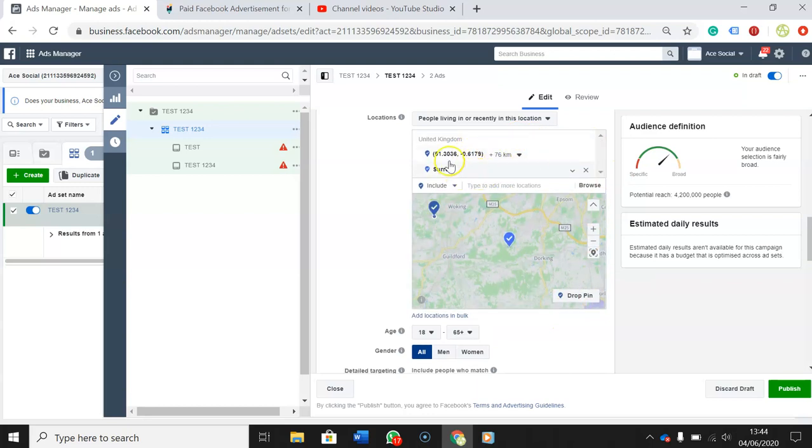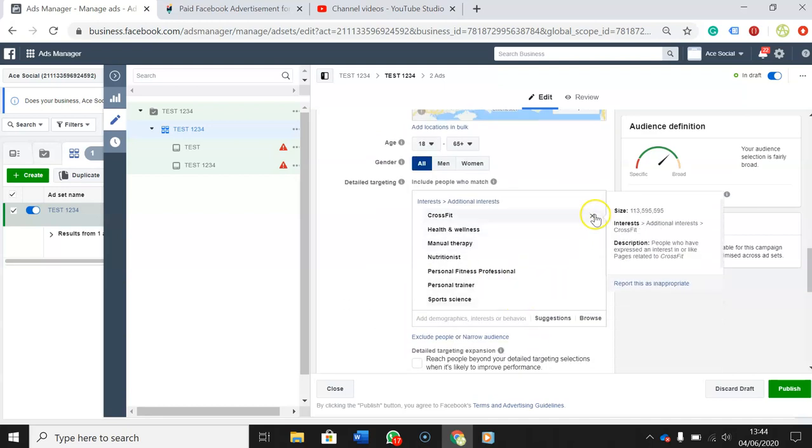So if you can actually keep your location fairly broad, maybe not like that though, obviously you want to be in the local area. But again, if you're trying to increase page likes or just brand awareness, then I would recommend doing a larger audience here, but then keeping this quite specific.